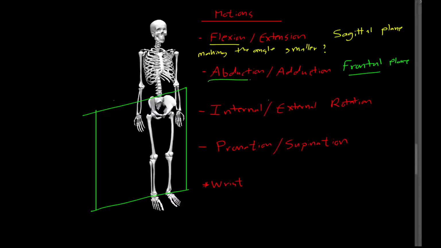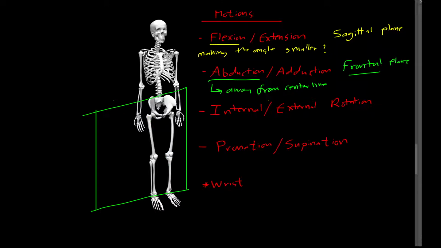So if we abduct the hip, maybe the best way to think about abduction is away from the center line of the body. So that would be like moving the hip out like this, or here, or here, or here. And then adduction is the opposite, more towards the center line of the body.